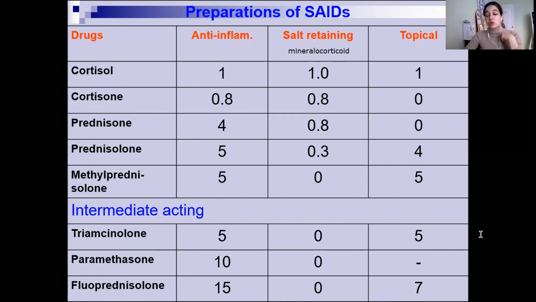And we can say that this is good, because we don't actually want to affect our kidneys. We want the anti-inflammatory effect. You see that generation after generation, the anti-inflammatory effect increases, becomes more potent. So this is very good for us.